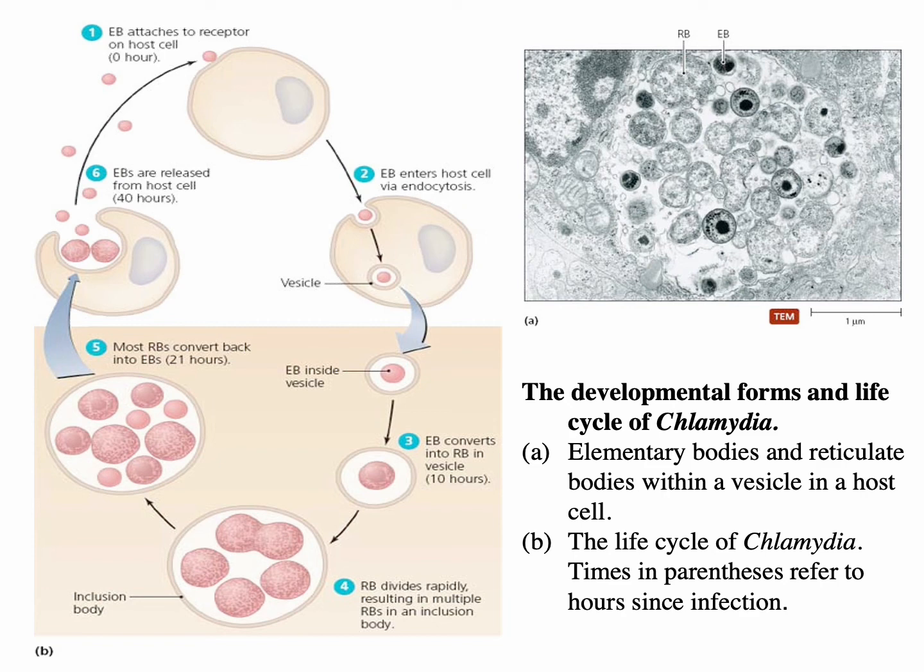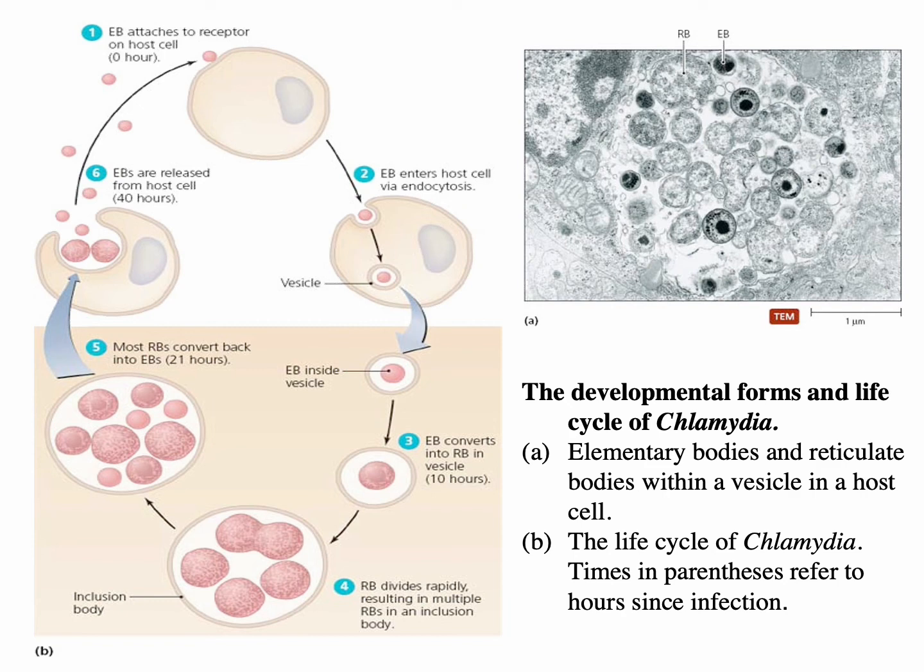Inside the cell, they remain in a vesicle. In this vesicle, they start to differentiate into the RB form, the reticulate body form. The RB form will multiply and replicate, giving you many new bacterial cells.